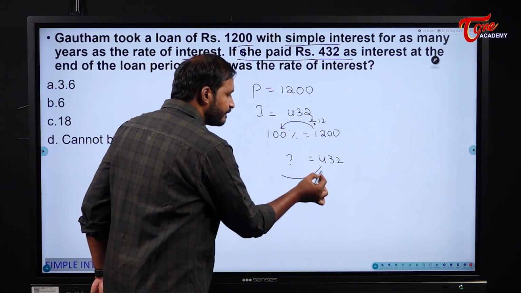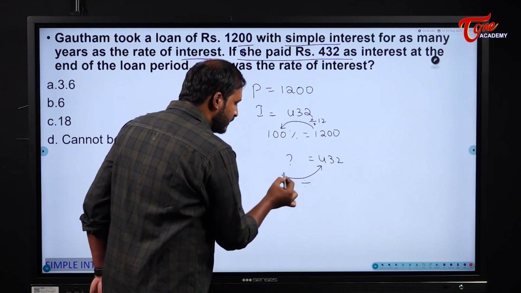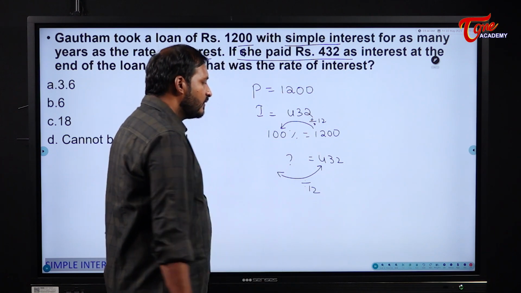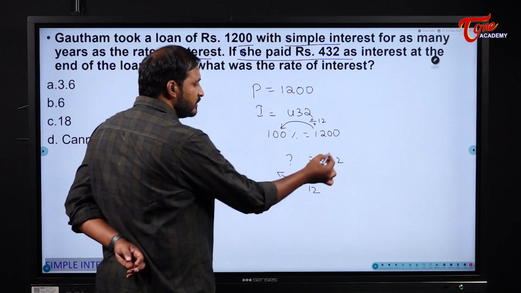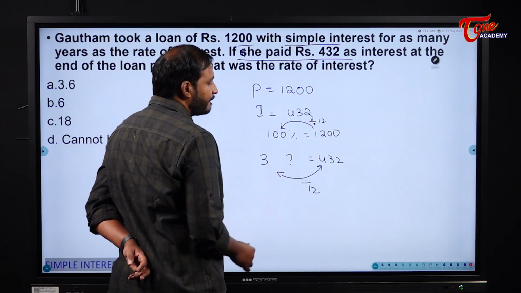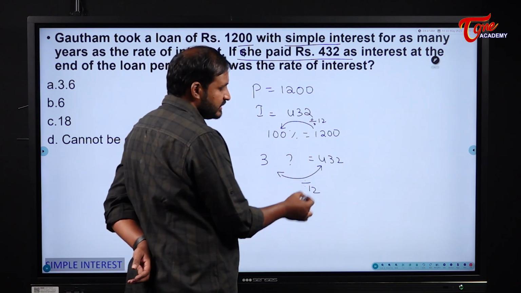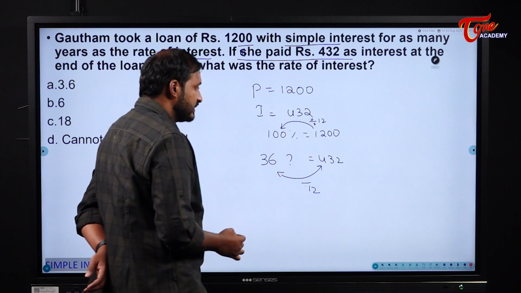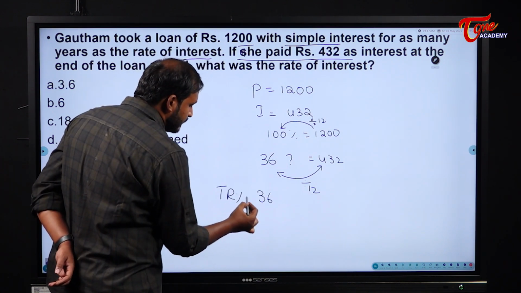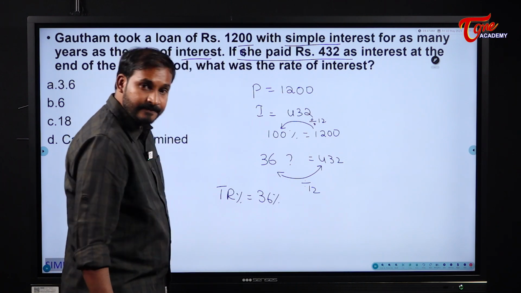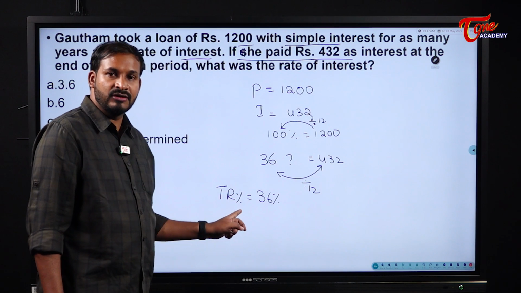Similarly here also, from here to here, what should you do? Divide it by 12. 432 by 12, what will you get? 3. 12 3s are 36. I will be left with 72, which means 36. That means TR percentage is equal to 36%, right?